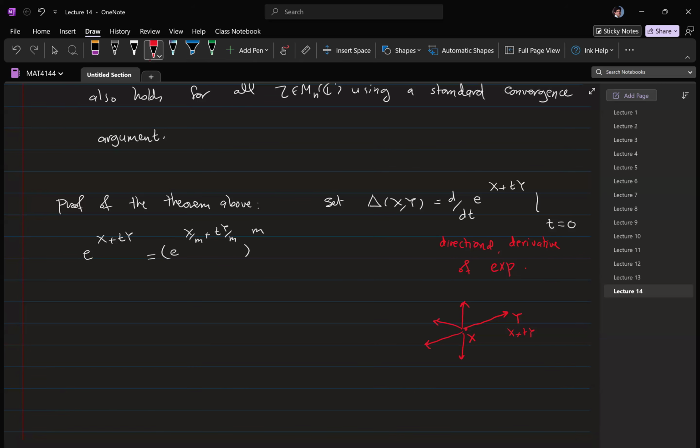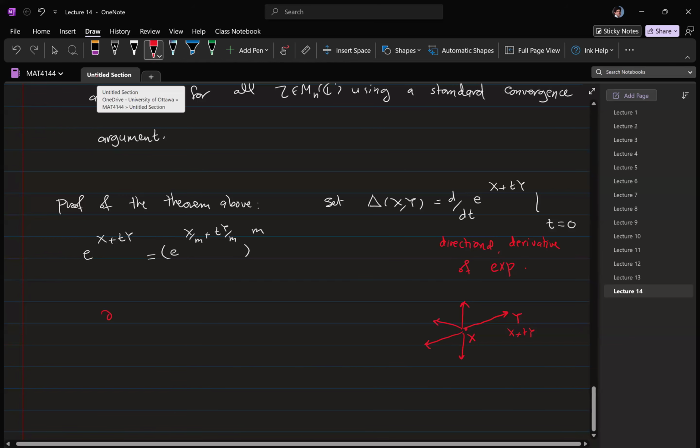So in other words, if you want to compute the derivative of a multivariable function in the direction of v at some point, if you write this as a linear combination of the standard basis, then this is equal to v1 d/dx1 f plus up to vn d/dxn f.